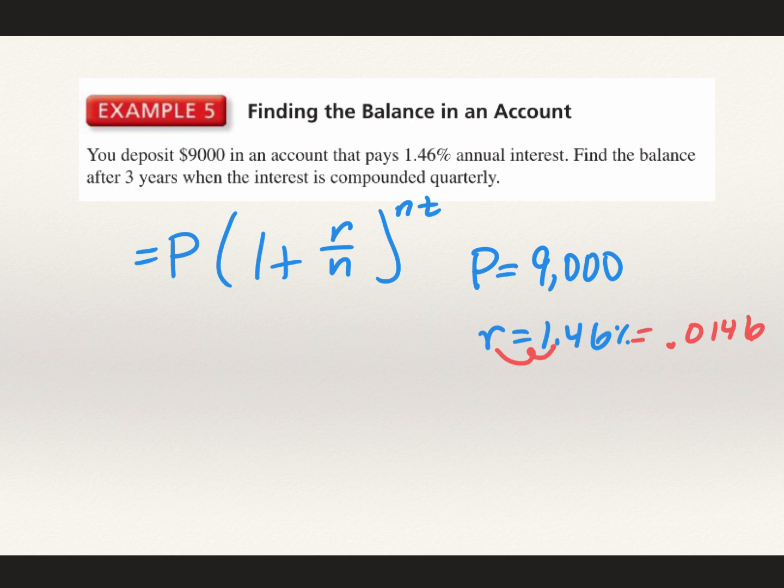If you plug into this formula 1.46 and not 0.0146, your number is going to be way off. So remind yourself, put a little star next to that. Whenever you have an interest rate, you have to move the decimal 2 to the left. Even though there's a decimal point in it, that's fine. You still have to move it. Does that make sense?